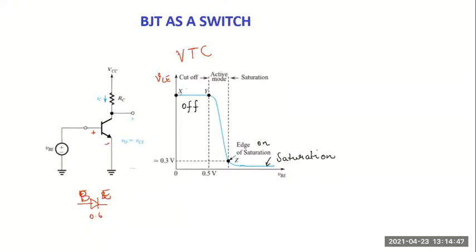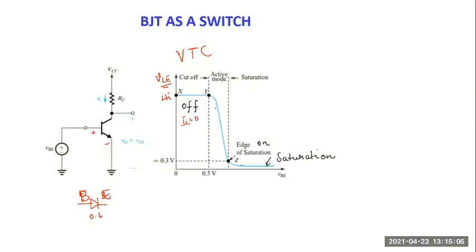So whenever the device is switched off, the voltage across the device is high. You see the voltage VCE is high, but the current through the device will be 0.